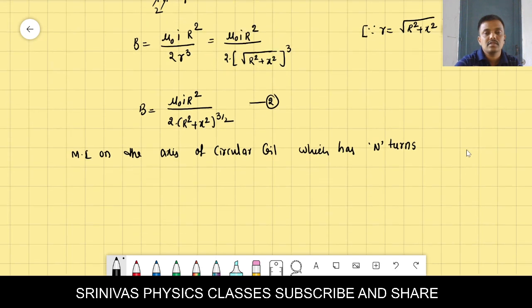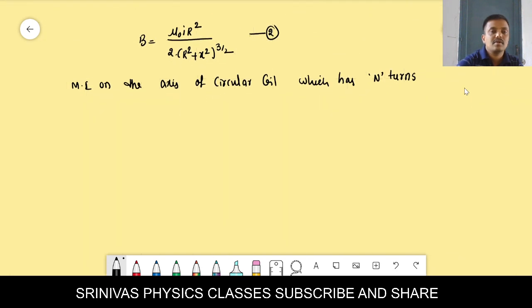Equation 2 is for the magnetic induction on the axis of a circular loop, meaning only one turn. A coil means many turns are there. On its axis I want the magnetic induction, then how can we find out? For that purpose, B A, you should just multiply with N, that is mu naught N I r square by 2 of r square plus x square whole power 3 by 2.